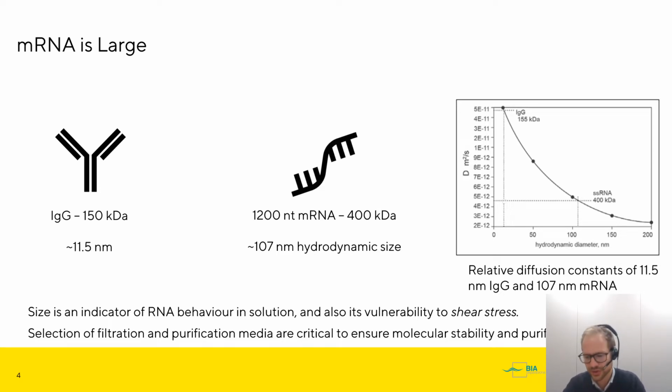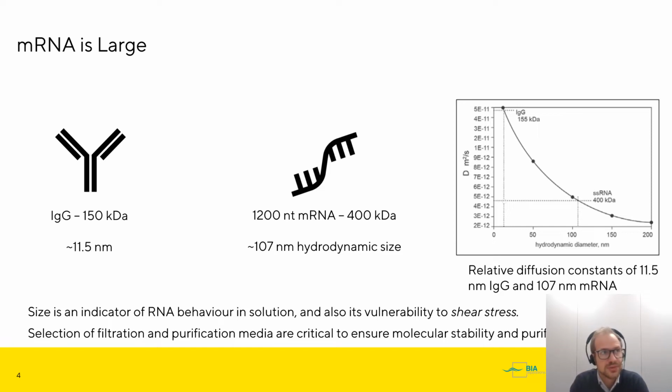It is much larger than traditional biopharmaceutical products such as IgGs. If an IgG molecule, a monoclonal antibody, is approximately 150,000 Daltons, a small mRNA molecule could easily be 3 times larger and is possibly 12 to 20 times larger than a standard IgG molecule.